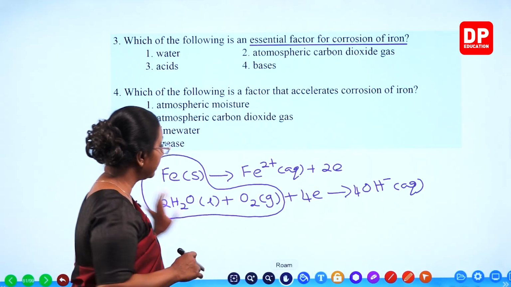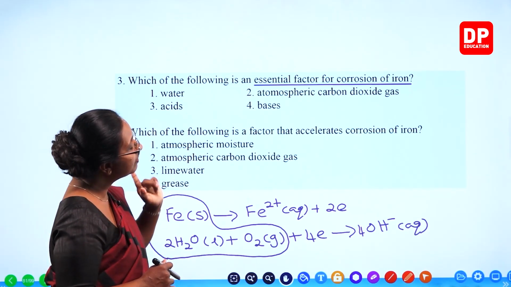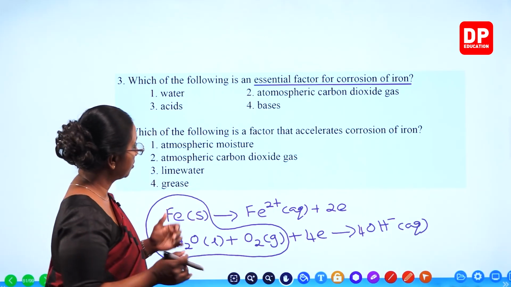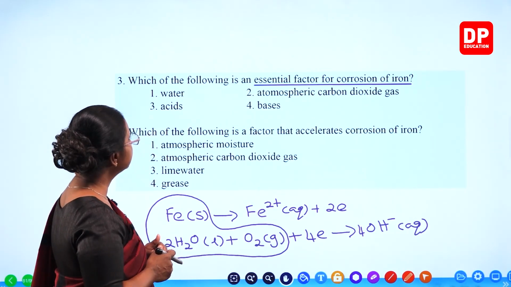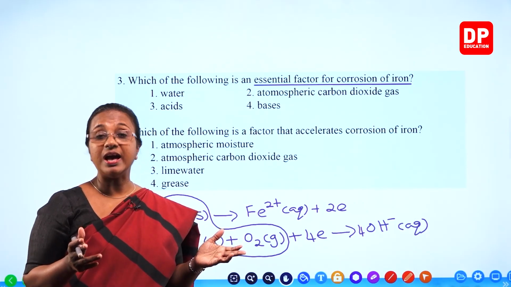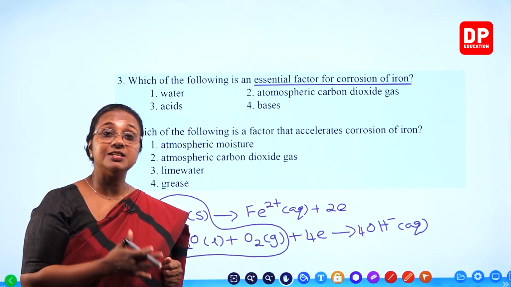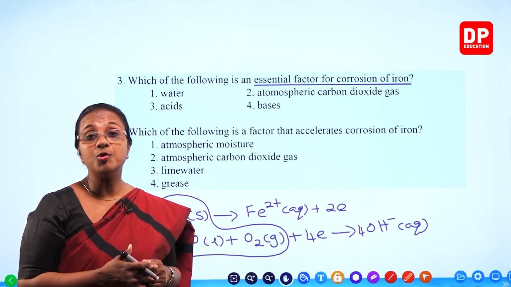If we look at the answers, water is needed. Atmospheric carbon dioxide is not necessary. Acids and atmospheric carbon dioxide, which is also an acidic gas. You all know CO2 is acidic. That's why when it dissolves in water, we get carbonic acid.